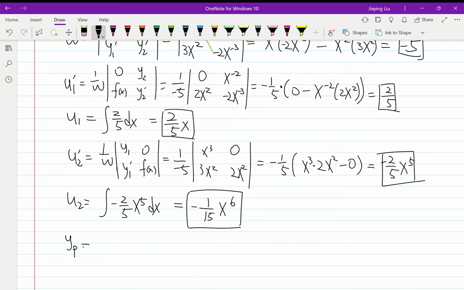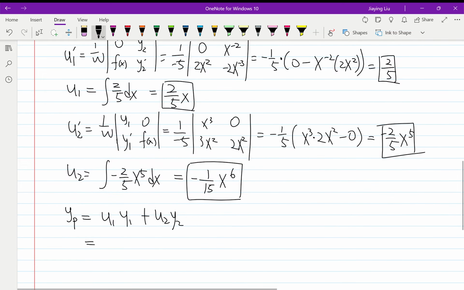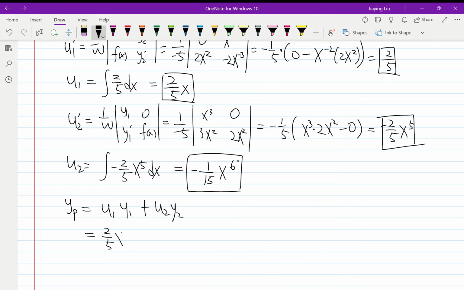So y particular equals u1 y1 plus u2 y2. u1 is going to be 2 over 5x, y1 is x cubed, plus u2, negative 1 over 15 x to the sixth, y2 is x to the negative 2. And it all ends up being 1 over 3 x to the fourth power.